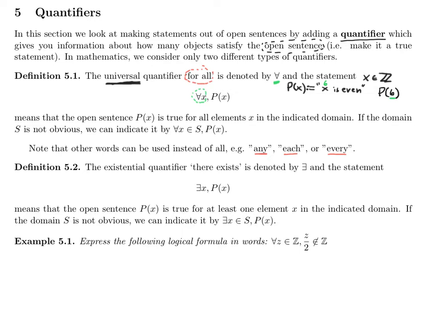But what if we had 7 instead of 6? Well, now p of 7: is 7 even? 7 is not even. So p of 6 is true, but p of 7 is false. So we know that this is true and false for various elements of our domain, okay?